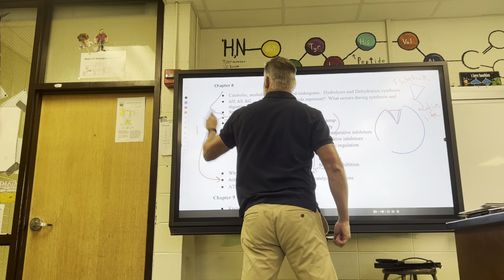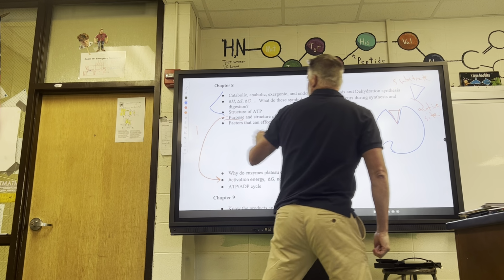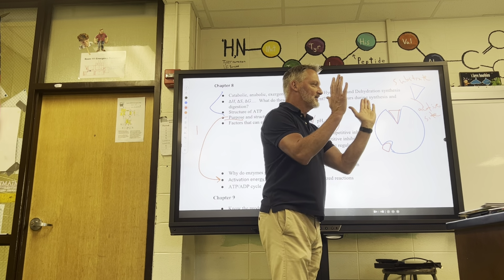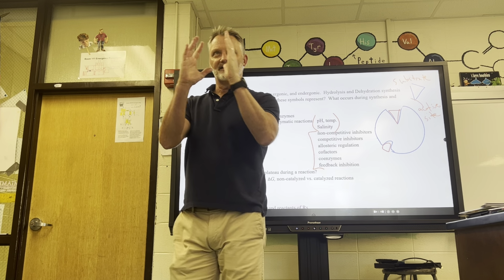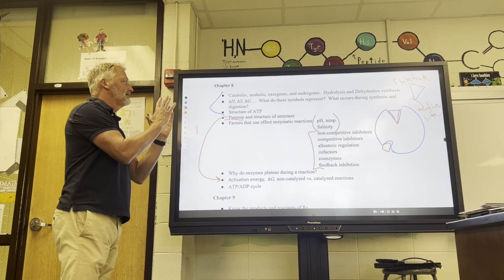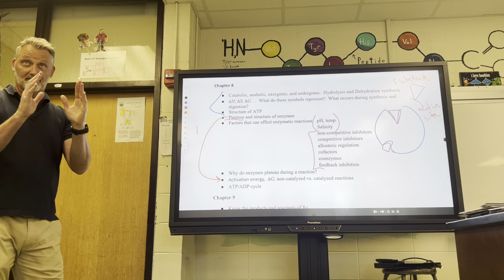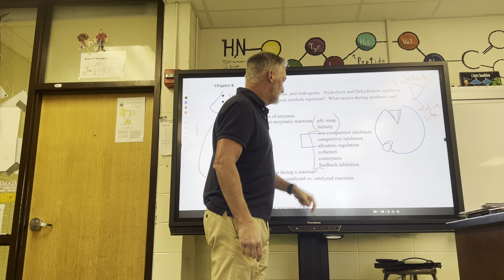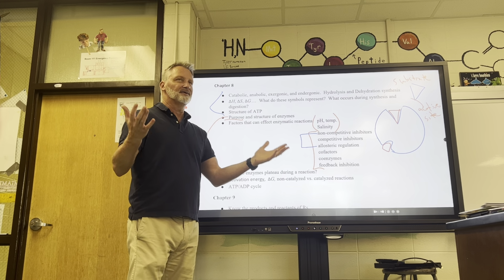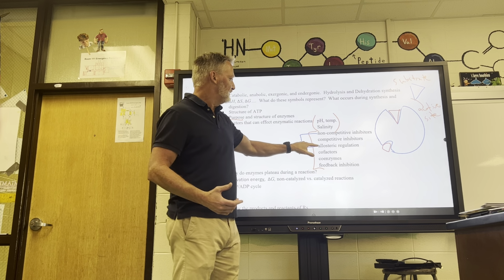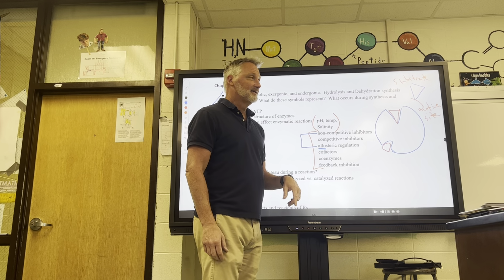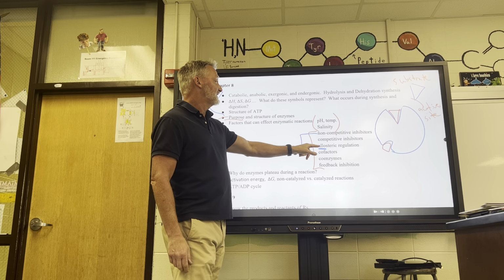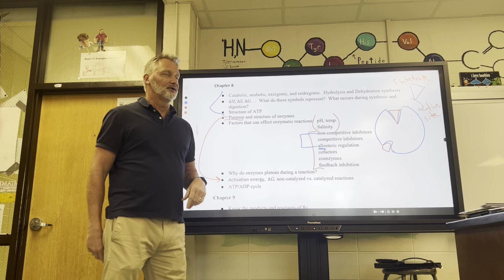If I take this enzyme and this red thing binds, which changes the active site shape, that's called non-competitive, which can also be called allosteric. Non-competitive and allosteric go together. Remember, allo means other, this is the other region. And then feedback inhibition also deals with allosteric. We'll hold off on that for a second.